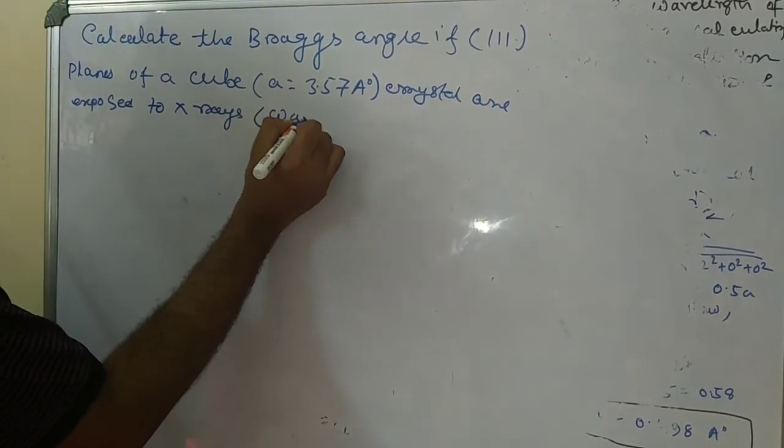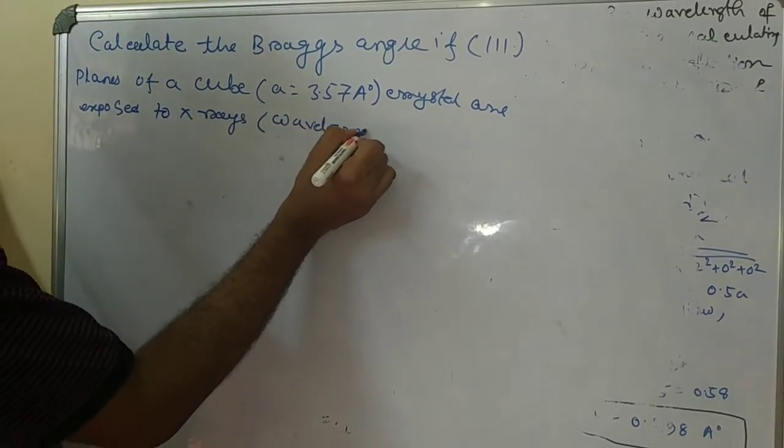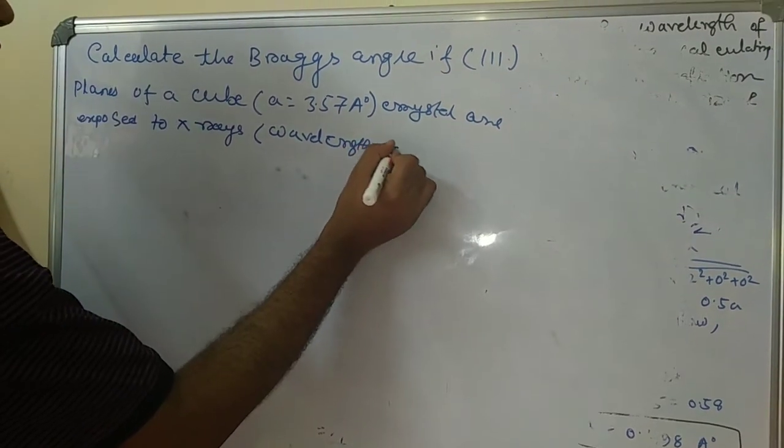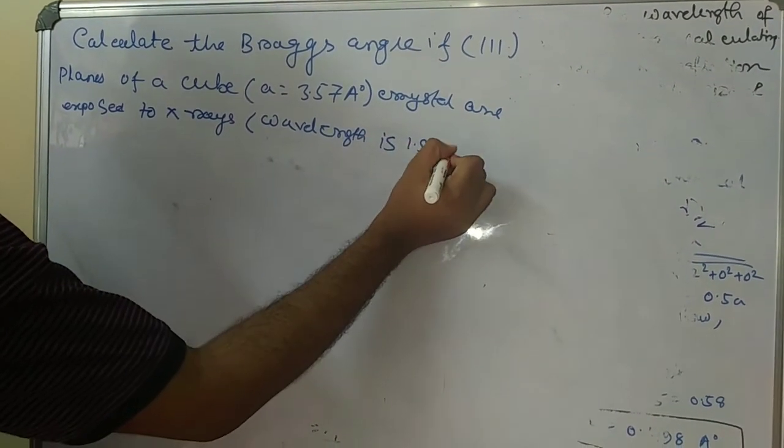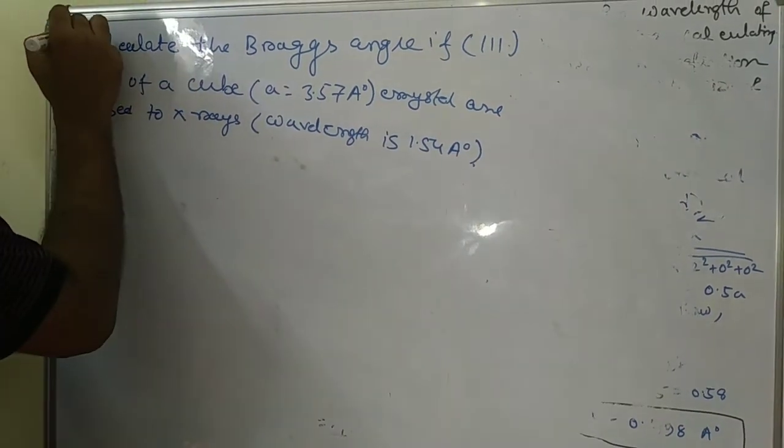The wavelength is 1.54 angstrom. So this is the homework for you.